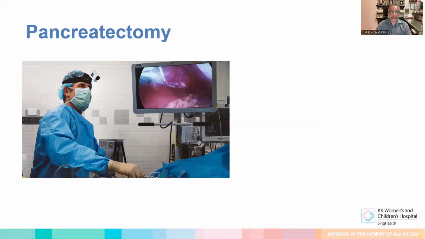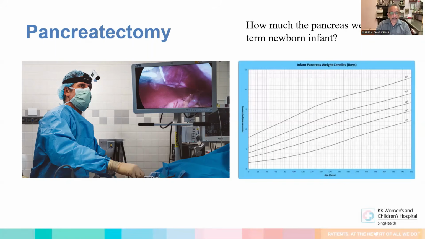Now coming to pancreatectomy, you know that the surgeon needs an extremely good skill to do that laparoscopically. But do you know the size of the human pancreas? In the newborn infant, the pancreas weighs only 4 grams.